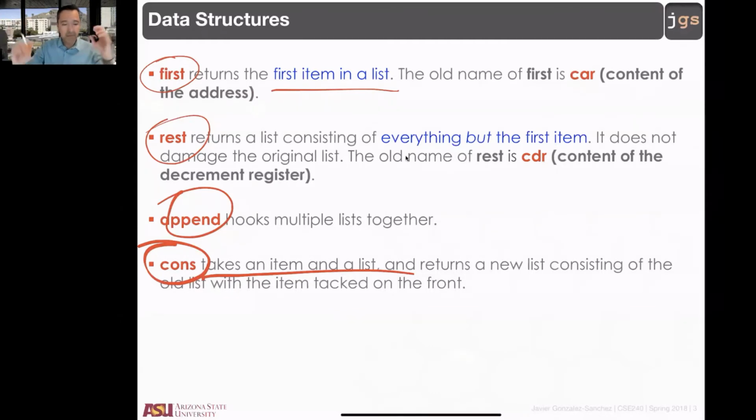Now, a big parenthesis. The current names for the functions are first, rest, append, cons. However, for first and rest, they have those names now, but the original names, if you remember, the language is from the 70s. The original names for those functions were car and CDR. Car, content of the address. CDR, content of the decrement register.